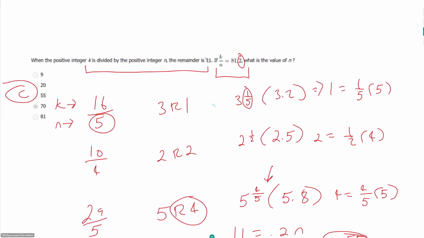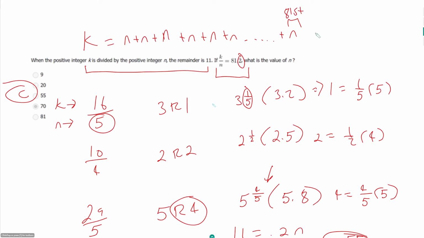Another way you can think about it is to take a second and ask, what is this saying in terms of remainders? It's saying k over n is equal to 81.2, so k is equal to 81 n's: n plus n plus n, dot dot dot, plus n. This is my 81st n.